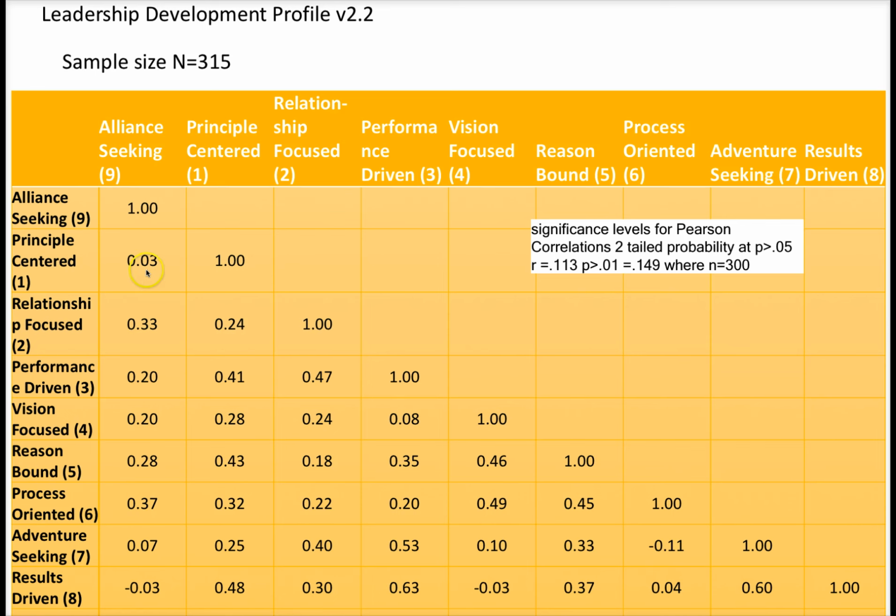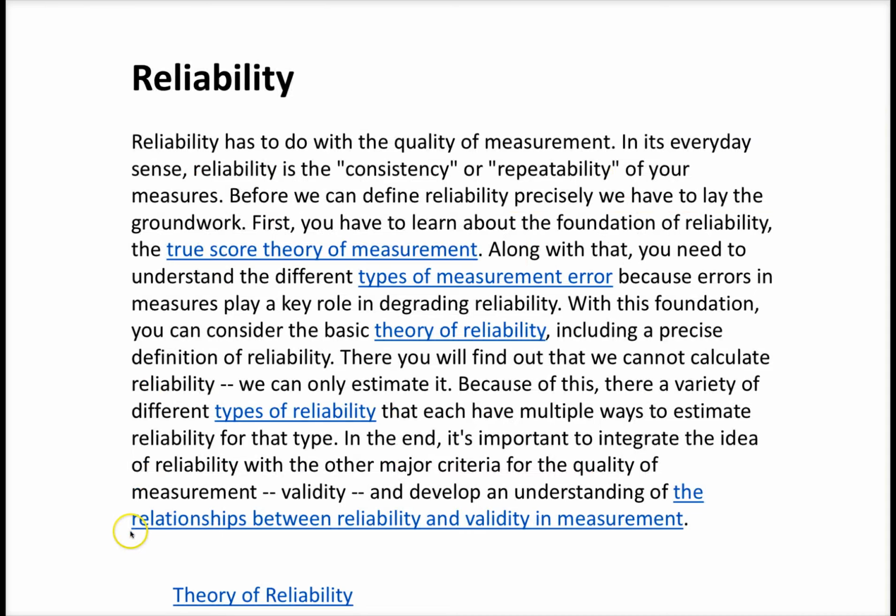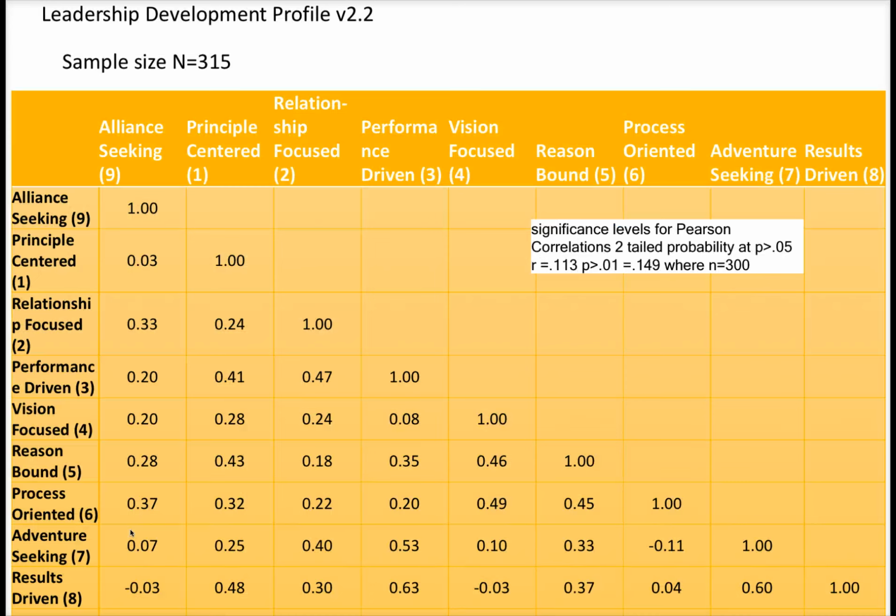And now we see the correlations between one LDP factor and the other 8.